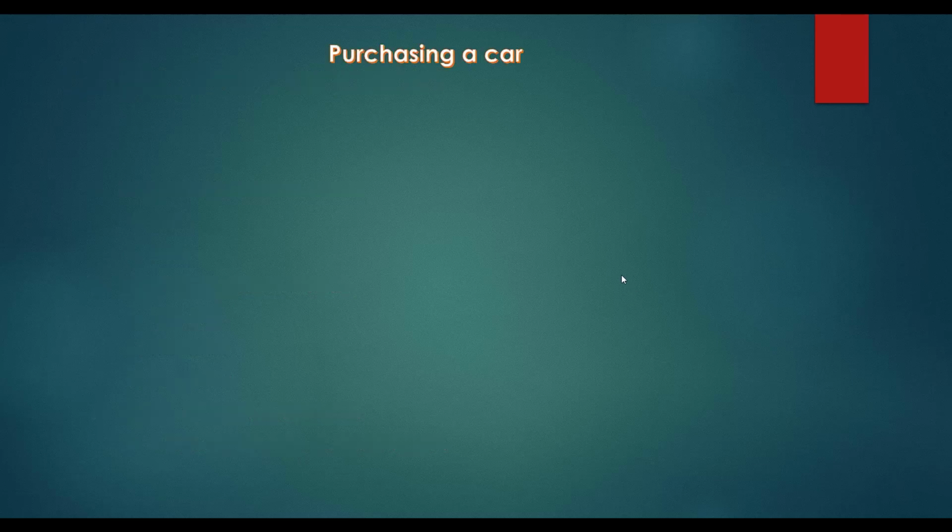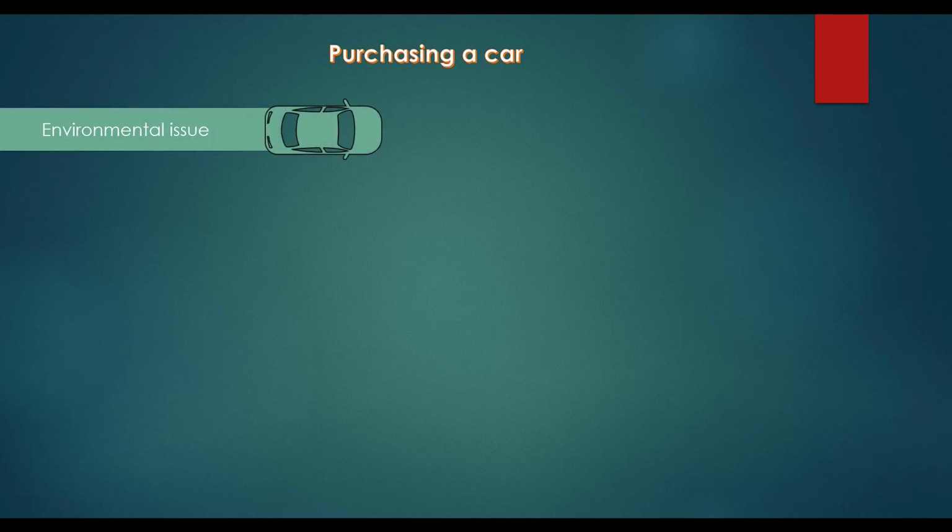To better understand the optimization problem, I will give you a small real-life example. Suppose you want to purchase a car. You may consider different criteria, such as environmental issues.